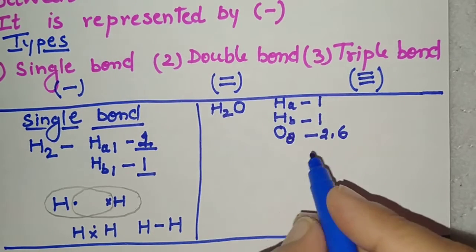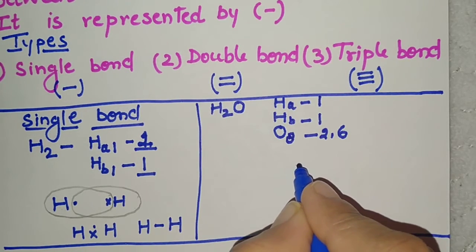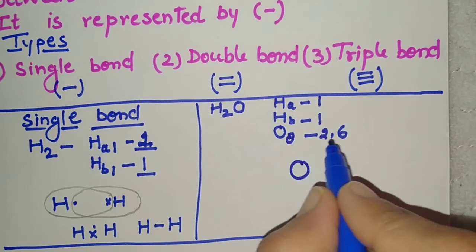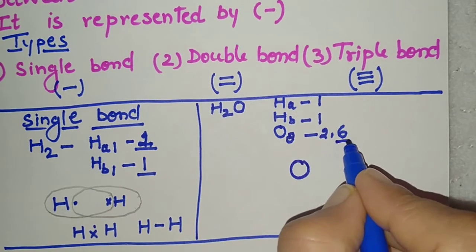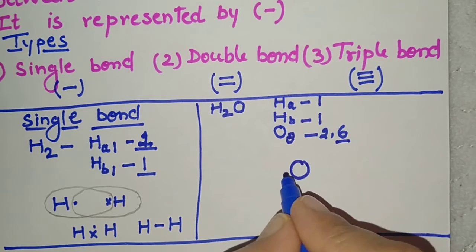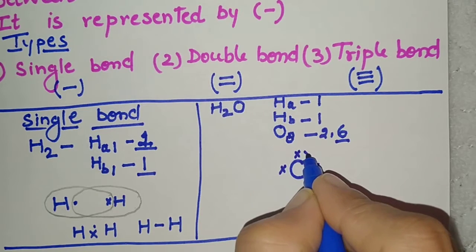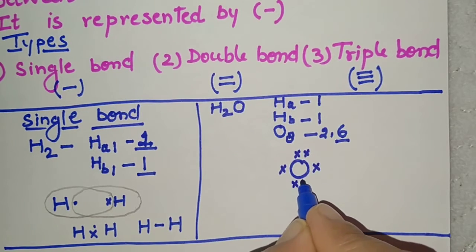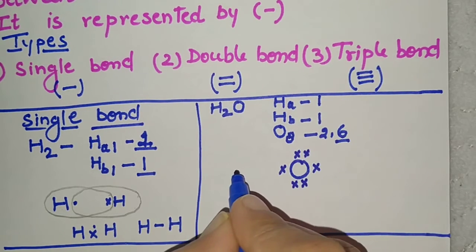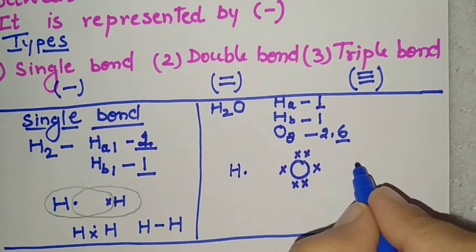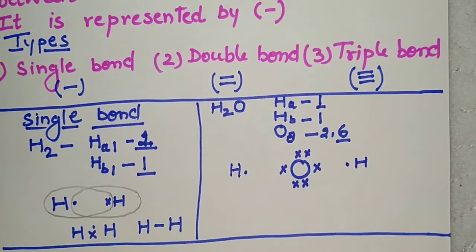Here 3 atoms we are having, so while drawing structure we have to keep this in mind. From these 3, one will be the central atom. So here oxygen is your central atom having 6 electrons in its outermost shell: 1, 2, 3, 4, 5 and 6. This is the valence electron of this hydrogen, and this is for another hydrogen.